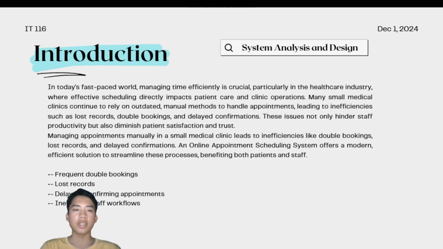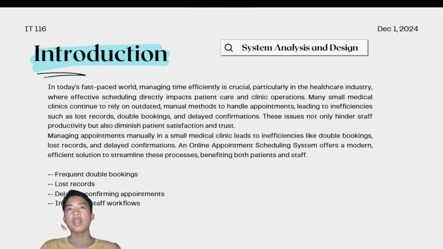This issue hurts staff productivity, but also diminishes patient satisfaction and trust. Managing appointments manually in small medical clinics leads to inefficiencies like double bookings, lost records, and delayed confirmation. An online appointment scheduling system offers a modern, efficient solution to streamline this process, benefiting both patients and staff.